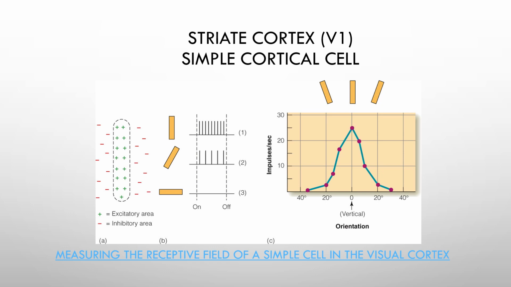And if you can imagine, or if you want to put up your finger, there's a line up there as you're looking straight forward. That vertical line hitting in the right place is going to stimulate a certain neuron. It's going to hit that excitatory space that you're seeing over to the left. We have excitatory space in the center, and then side by side, we have inhibitory space around that. If I'm hitting right in that excitatory space on a vertical line, we're going to see the most impulses per second. That's what our graph is showing, right? If I'm vertical, I have the most impulses per second.